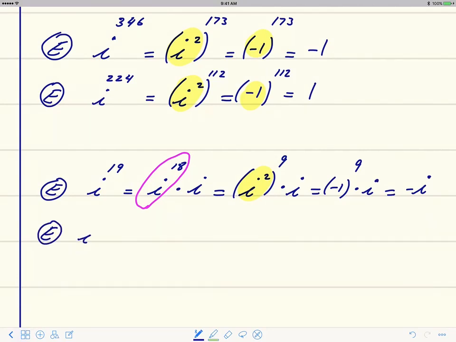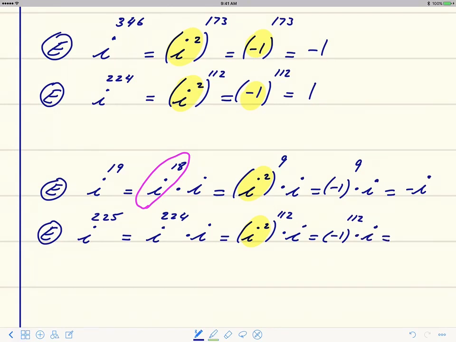So here's another one. i to the power of 225. So write it as i to the 224, 1 less, times i. So here you would get i squared to the half of that. Half of 224 is 112 times i. Replacing i squared with negative 1.